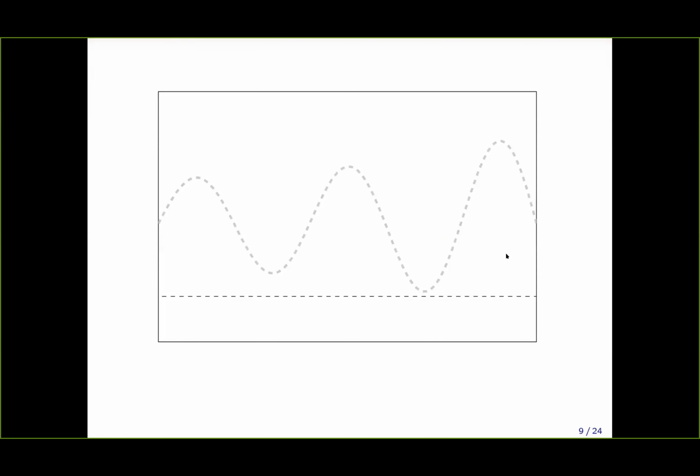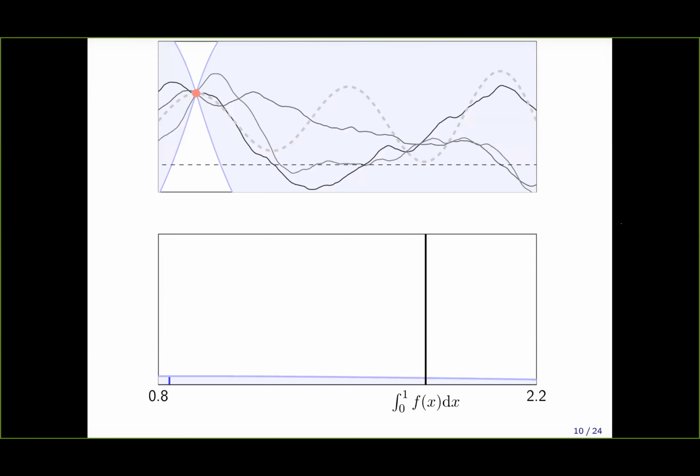So here's a simple illustration of what happens. We have some deterministic function, this dashed line here, and then we start adding data and forming the conditional distribution for the GP and the function above and for the integral below.